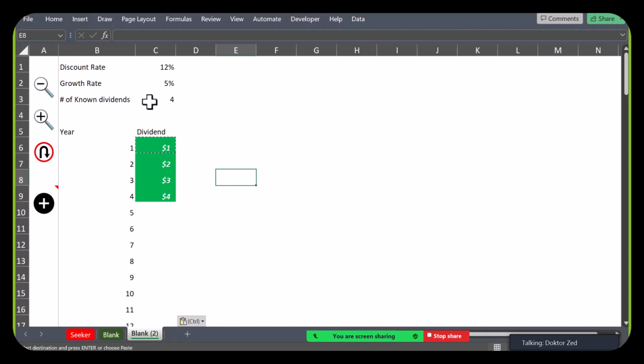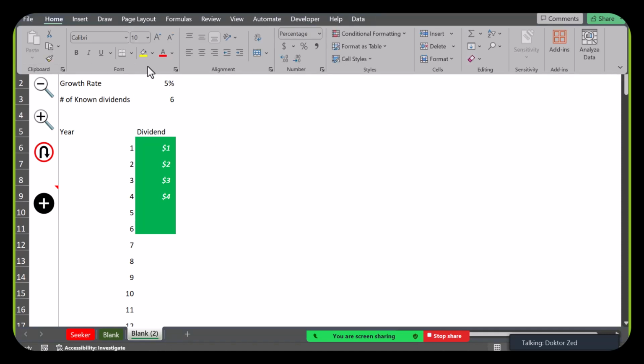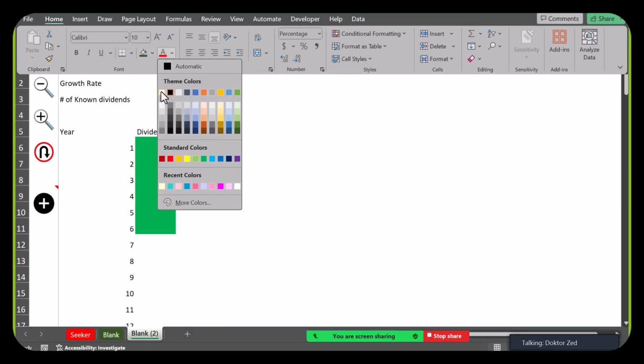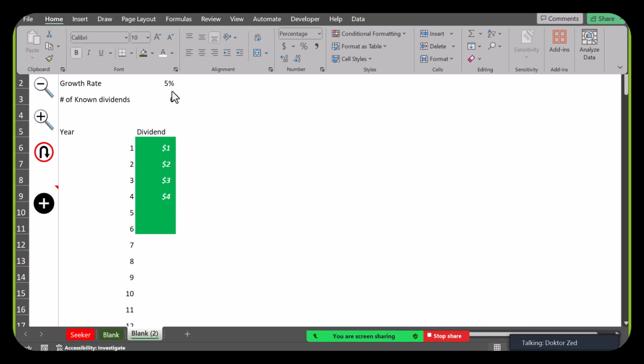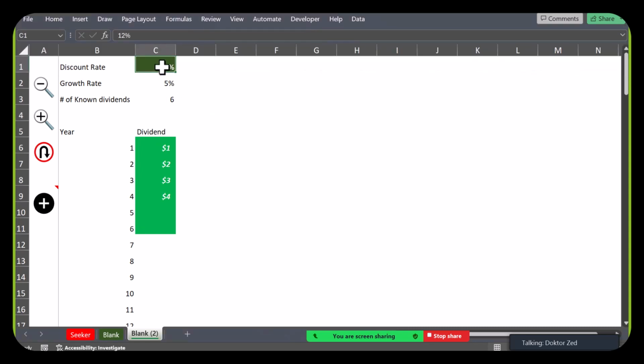If I change this to 6, that tells me those are the things I need to input. Of course, I'm going to make these green, white, and bold, because those are my inputs as well.